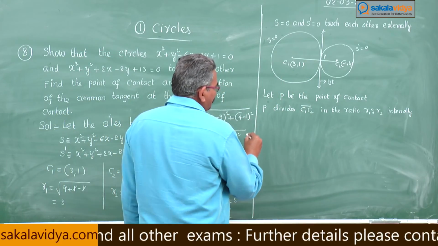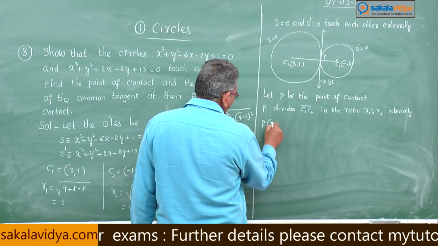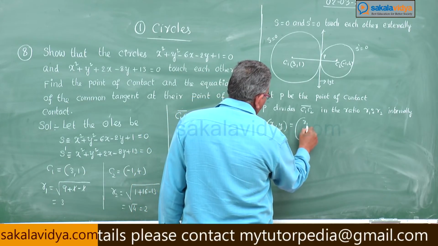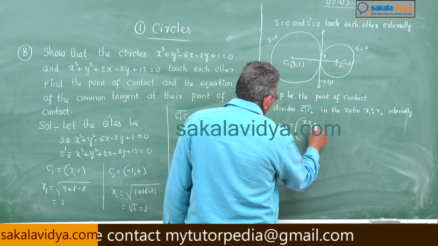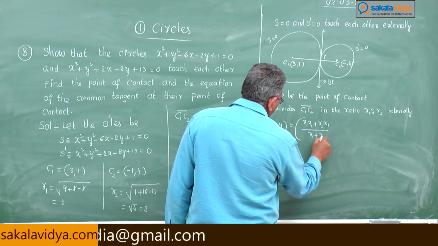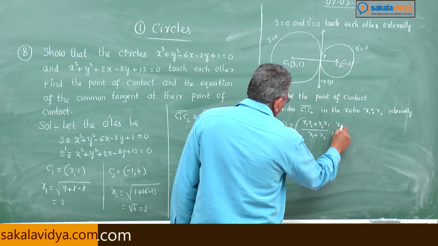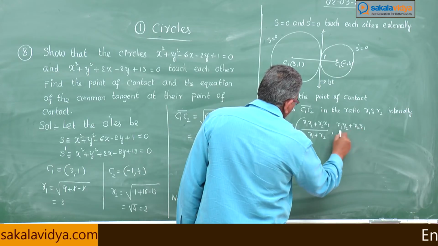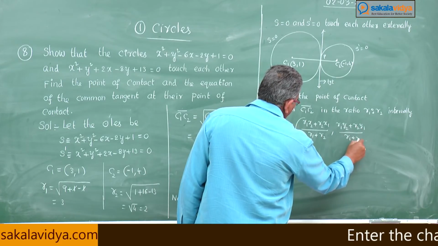So, now P(x, y) is given by the formula (R1 x2 plus R2 x1 by R1 plus R2, R1 y2 plus R2 y1 by R1 plus R2).